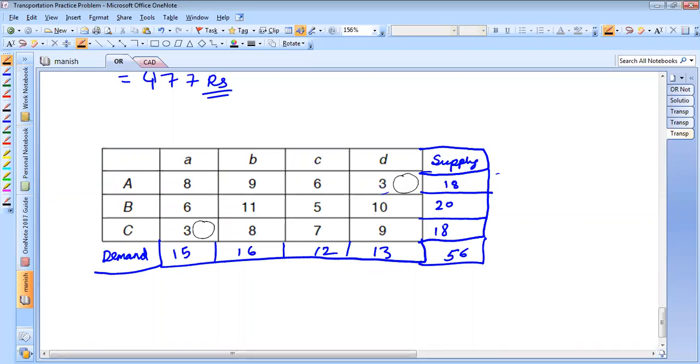So this is 13, this is 18. So maximum allocation that I can place here is 13. Again, I'll find the allocation that I can make here. This is 15 and this is 18. So I can make a maximum allocation of 15, isn't it? Yes. So which one is to be finalized? 15, where we can make the maximum allocation.